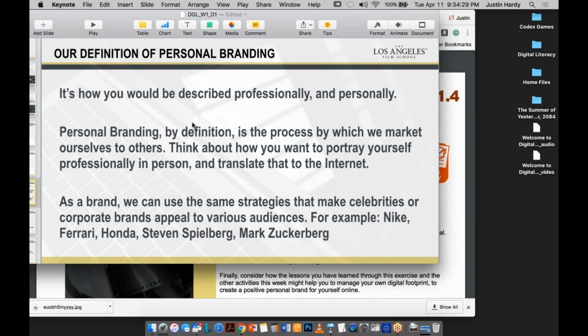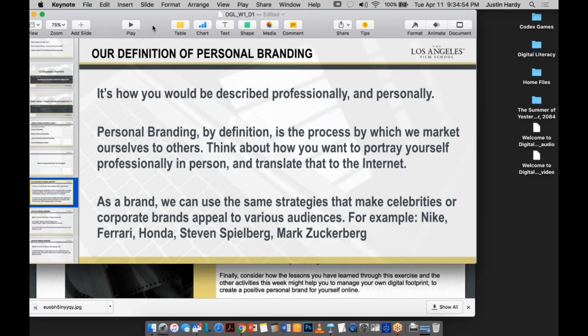And then think about Steven Spielberg versus, say, Zack Snyder as a film director. They both have very different brands for their film styles. Whereas Zack Snyder is a very action-oriented director, Steven Spielberg focuses more on the individual emotions or the relationships of the characters. So there's very different sorts of filming styles that you can see throughout their work.